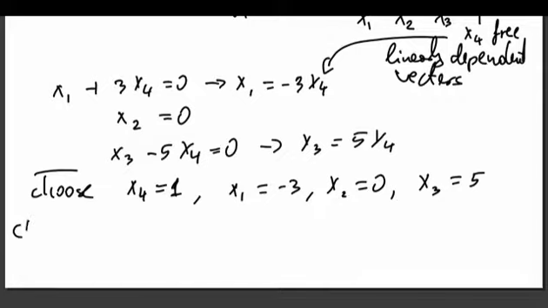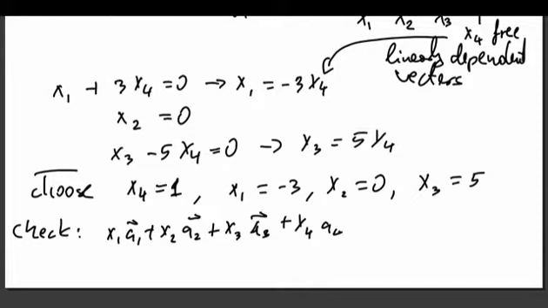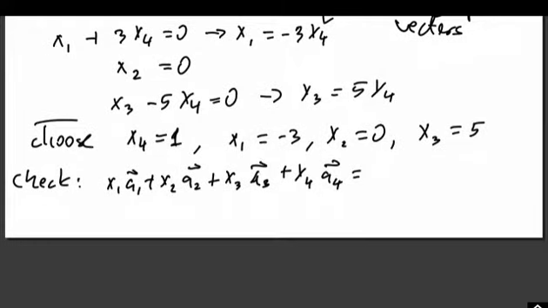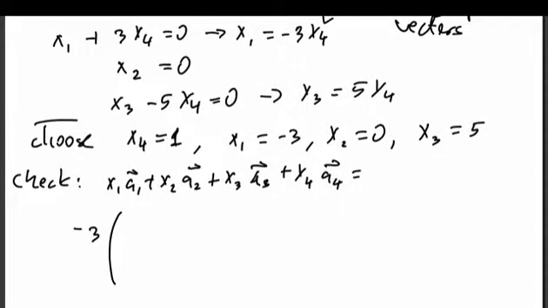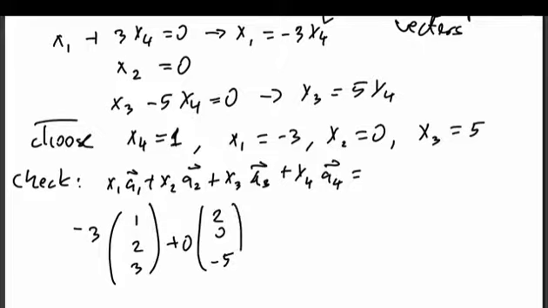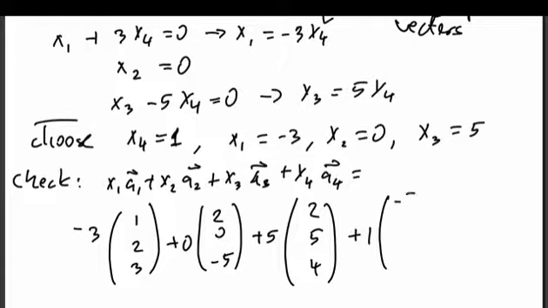We can also check that the linear combination x1 a1 plus x2 a2 plus x3 a3 plus x4 a4 equals, in this case, minus 3 times the column vector 1, 2, 3, plus 0 times 2, 0, minus 5, plus 5 times 2, 5, 4, plus 1 times minus 7, minus 19, minus 11.